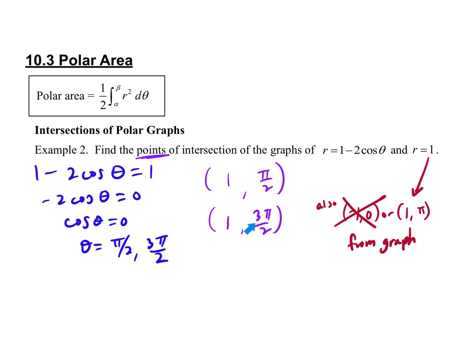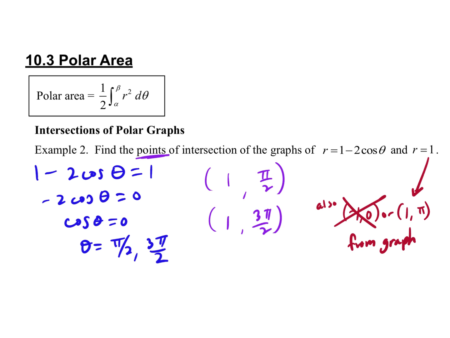Now, I guess you could flip them around, negative 1, 3 pi over 2, and negative 1 pi over 2, or whatever. But, again, this is why looking at the graph is important. I think, for the most part, on the exam, if they wanted you to do this, they're going to give you the picture, or they're going to let you use your calculator.